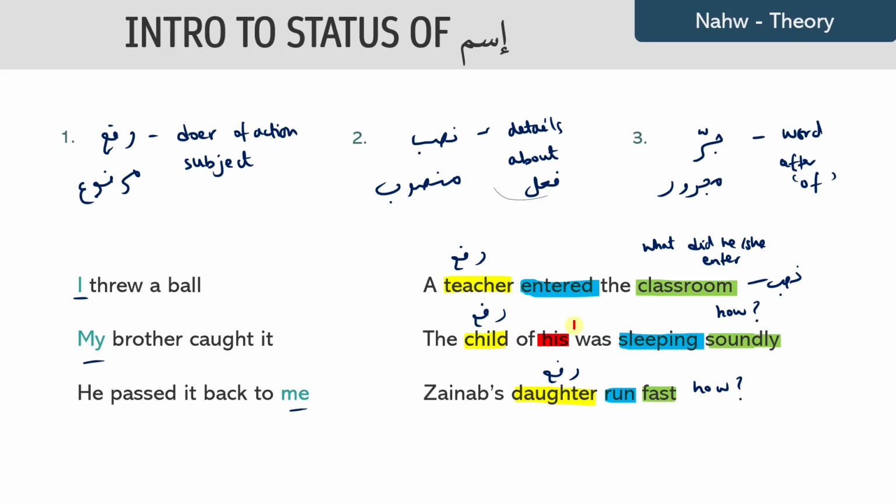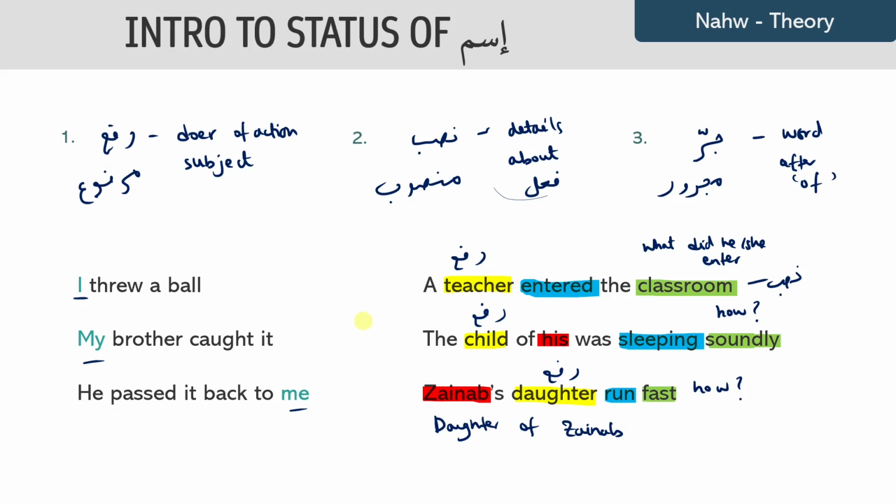His is going to be majroor. Why? Because it's the word after of. Zainab's daughter ran fast. Zainab is going to be majroor. And why is that the case? Because this sentence, if you really open it up, is the daughter of Zainab. So Zainab is going to be majroor.